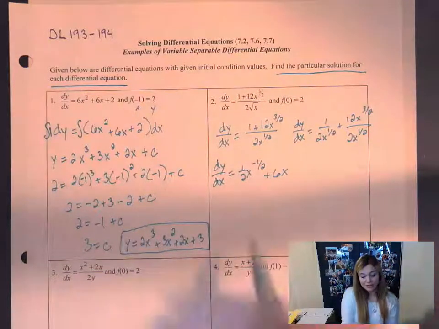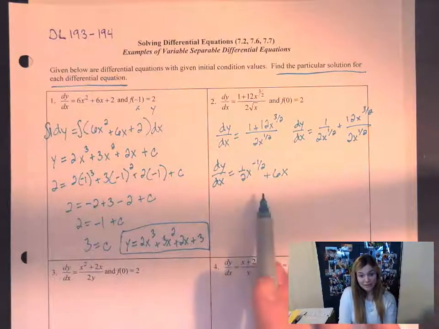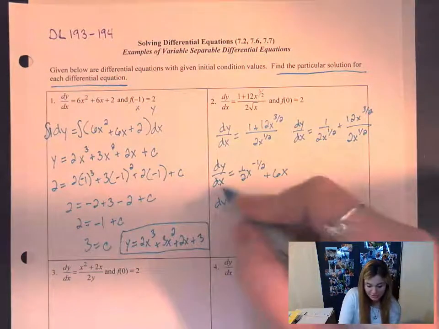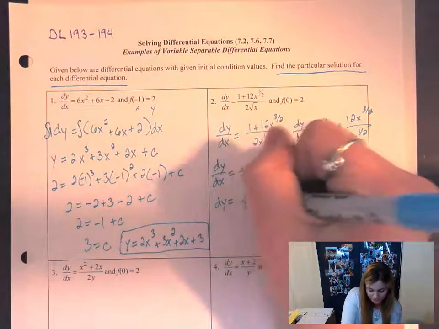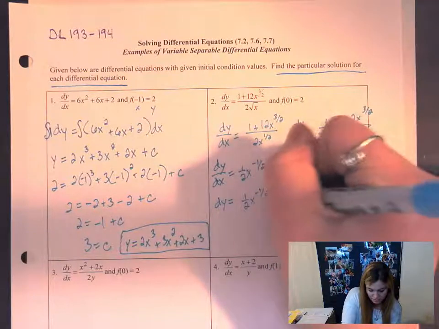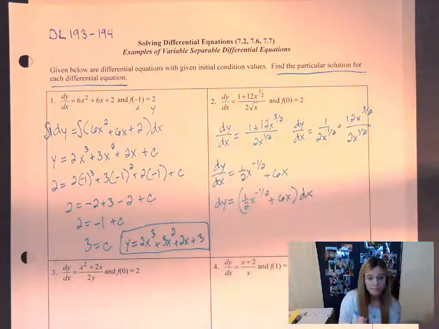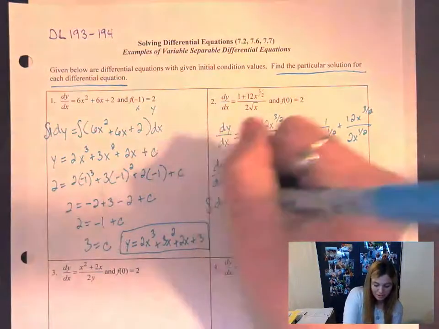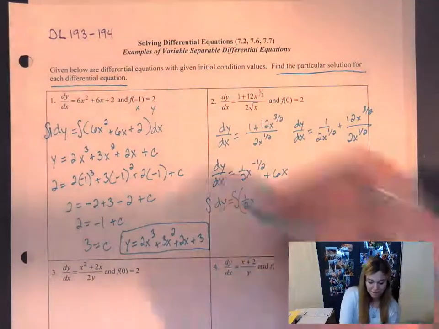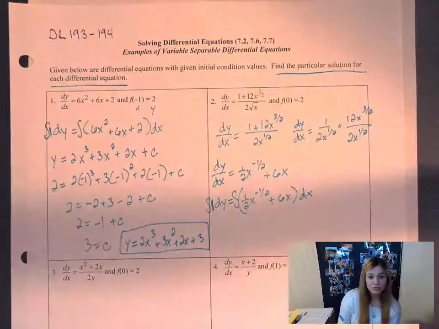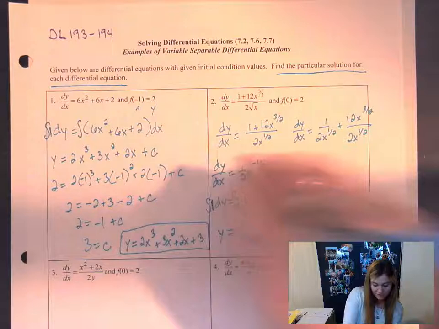And now we can start the same process that I did over here. So I simplified it. Now I'm going to multiply both sides by dx. Now I can integrate both sides. The antiderivative of 1 dy, because that's all I'm left with here, will be y.